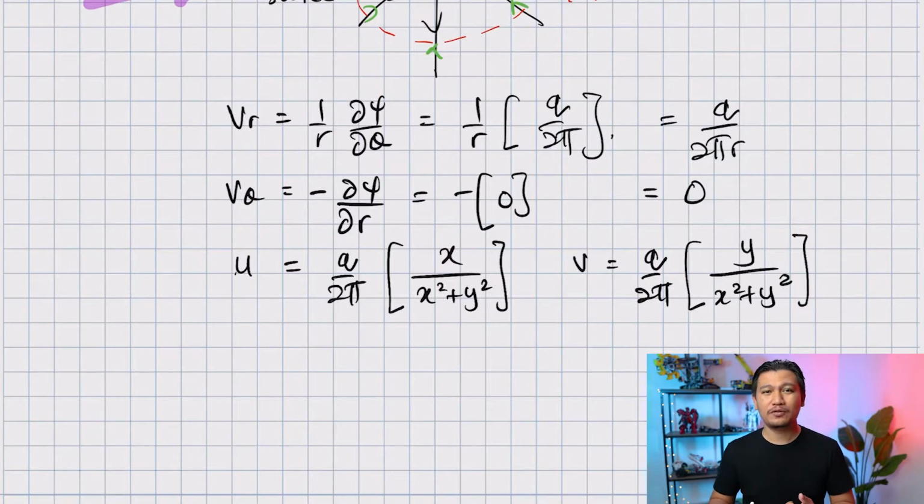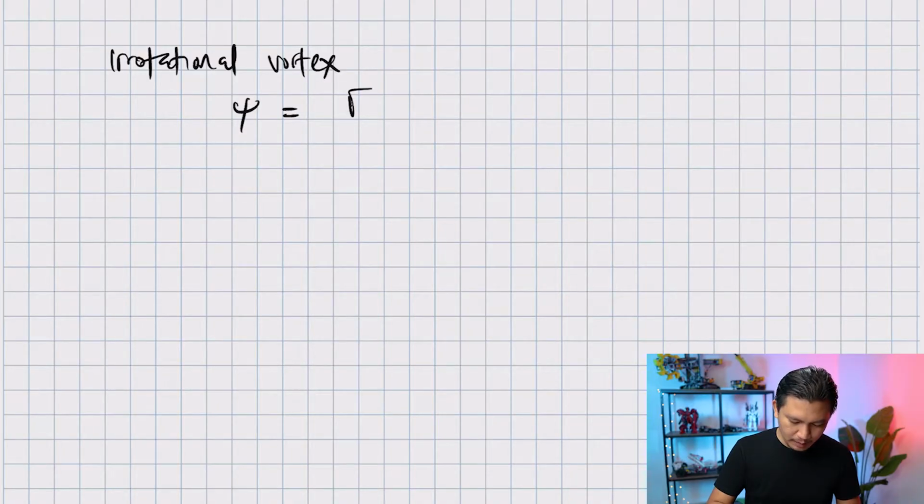Okay, now that we have looked at uniform flow and also the source and sink, let's take a look at the next type of flow, which is called the irrotational vortex. The irrotational vortex is represented by a stream function psi equal to capital gamma over 2 pi times ln r, and the potential phi is capital gamma over 2 pi theta.